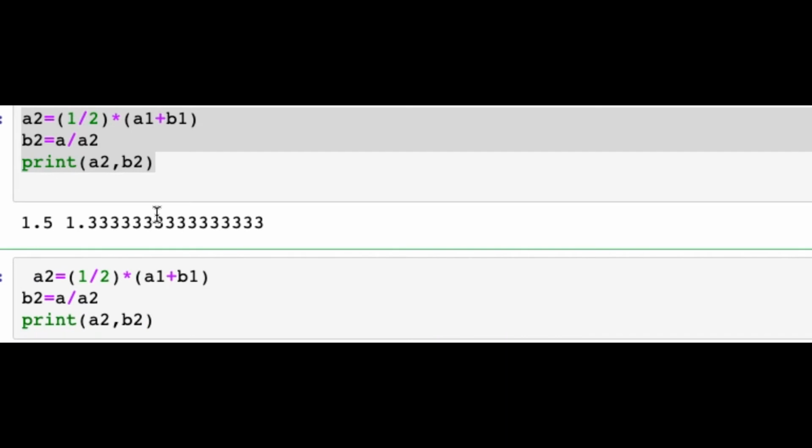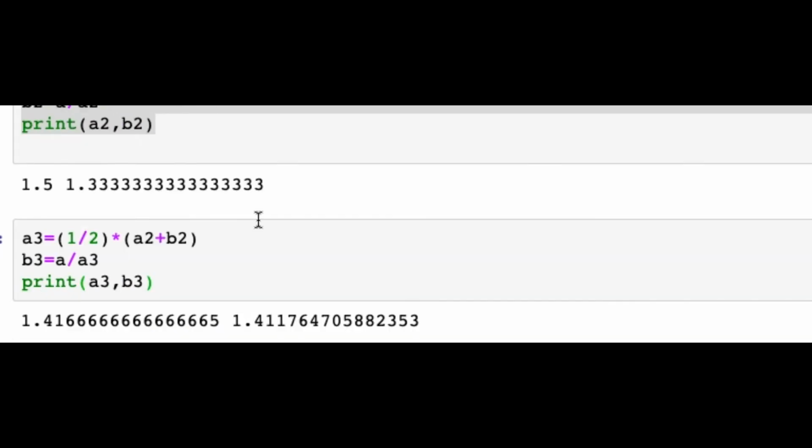All right, let's just repeat that process, because you see we have a pattern going here, right? Let's take A3 to be the arithmetic mean of our previous two guesses, and then B3 to be A divided by that value. Print them out, A3, B3. Run this.